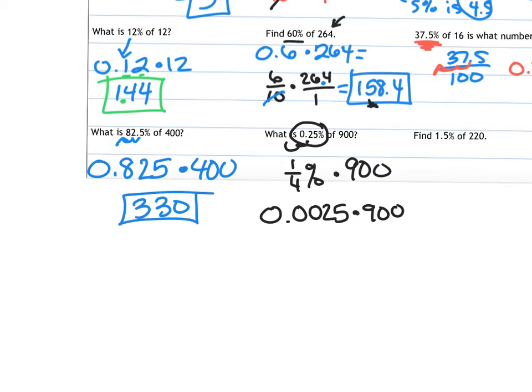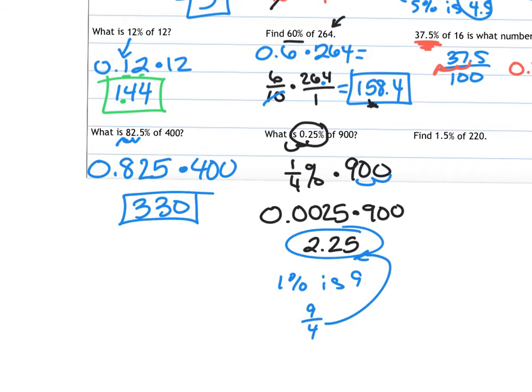Okay, so then I can multiply 1/4% times 900, and I get 2.25. Estimating again would be great. So if I know 1% of 900 is 9 because I move it 2 places, then I could find 1/4 of that. So I even could do 9 divided by 4, and you'd still end up with 2.25.